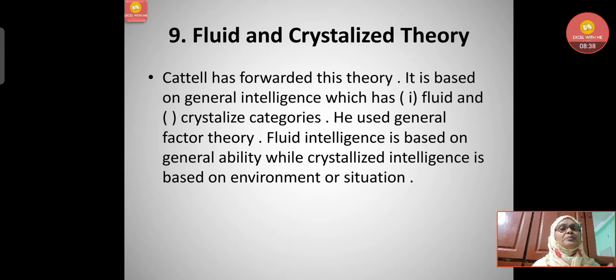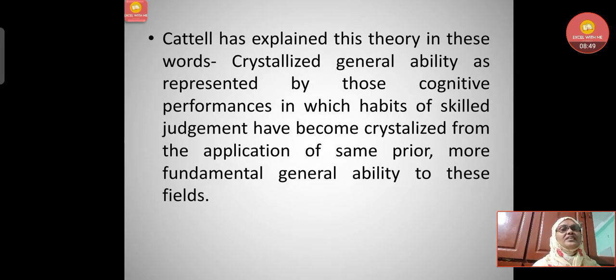Fluid intelligence is based on general ability, while crystallized intelligence is based on environment or situation. So Cattell has explained this theory in these words: crystallized general ability as represented by those cognitive performances in which habits of skilled judgment have become crystallized from the application of some prior more fundamental general ability to these fields.